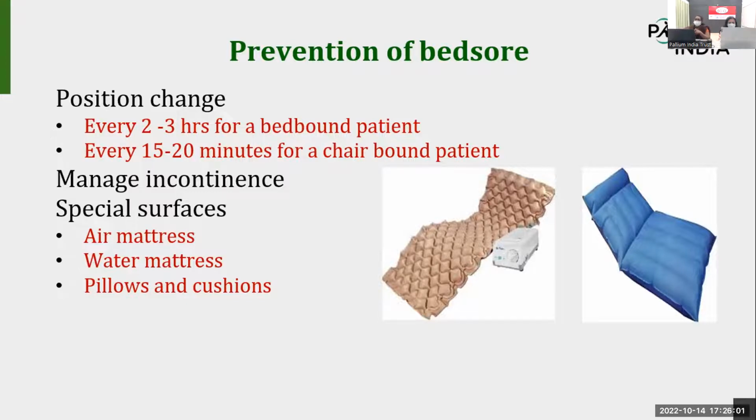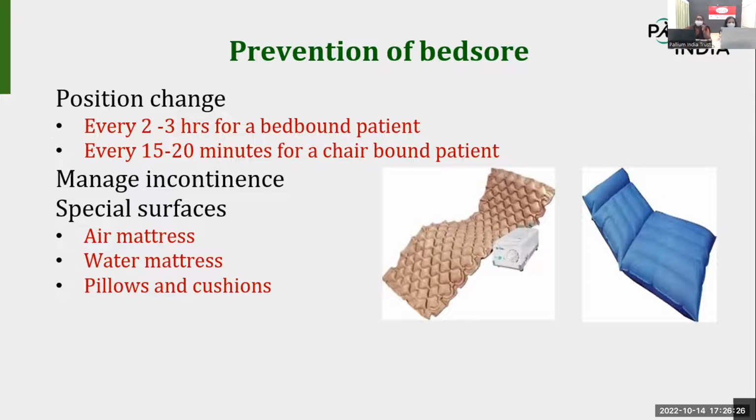And another thing is, whenever you suggest this kind of mattress to the caregivers, or give it to the patient for preventing pressure ulcer, you have to tell them this is not a 100% measure, because if you don't tell them anything, they might think this mattress will take care of everything.